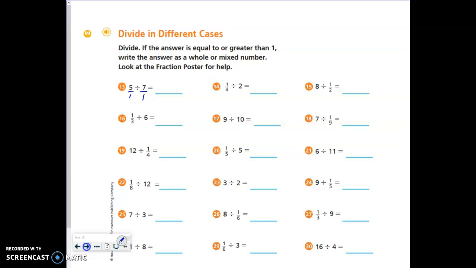So this is the same thing as 5 over 1 times 1 over 7, which will eventually get me to an answer of 5 over 7. A shortcut for that one, if I see that it's two whole numbers, is that it simply becomes 5 over 7. Remember that the fraction bar doubles as a division symbol, so if I see the division symbol between them, I just need to put them in the order I see them: 5 over 7, or 5 divided by 7.